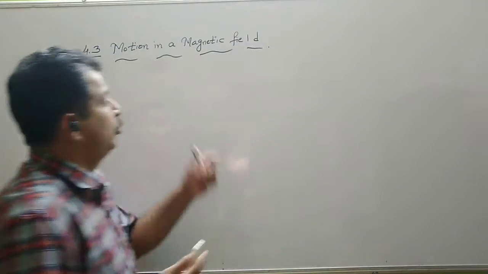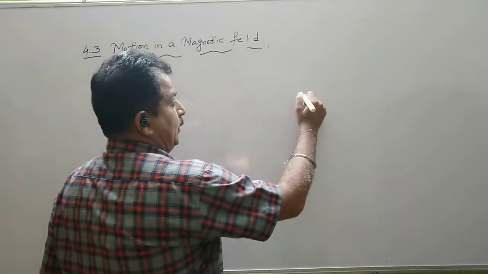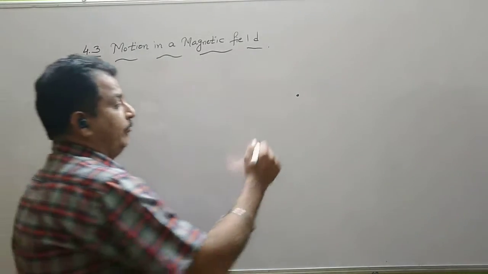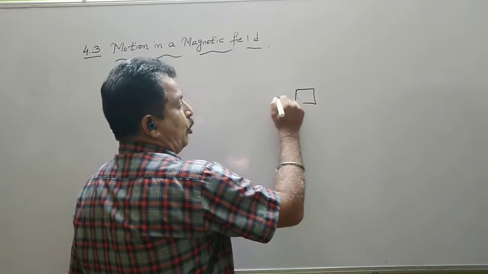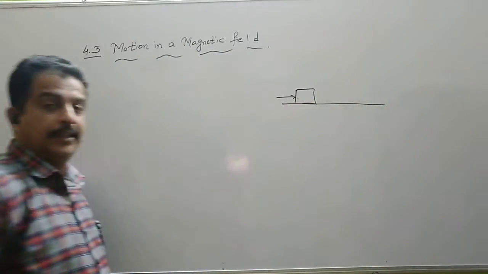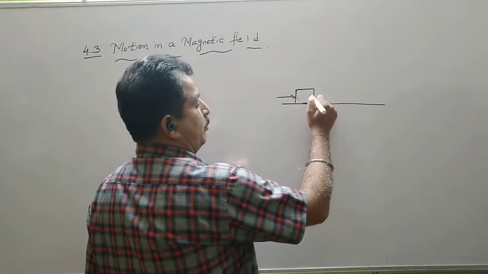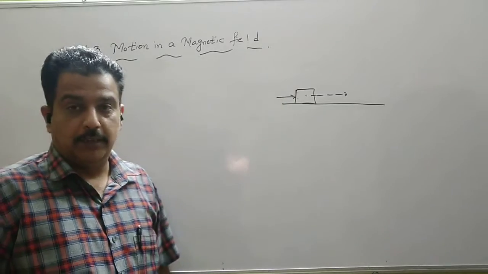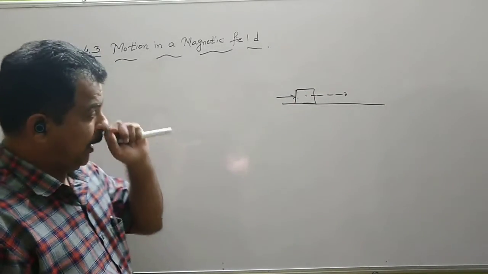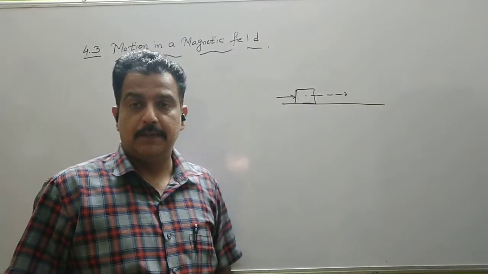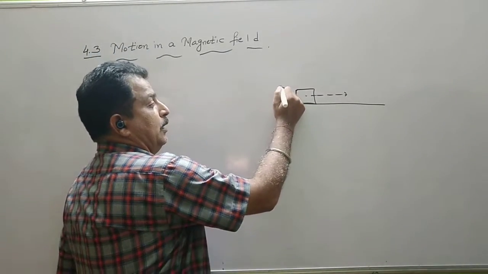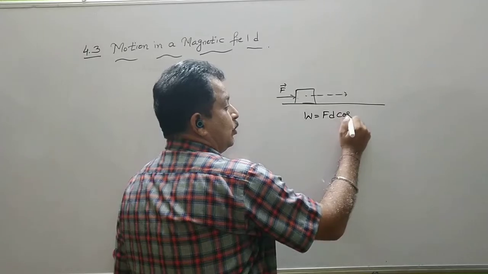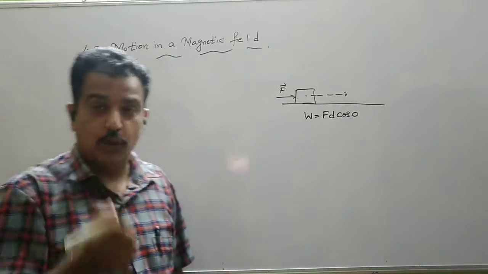Before moving to this topic, we know that in mechanics, in standard 11th, we have studied that if I apply a force on any particle or a body in the direction of its motion, suppose the body is moving along the x-axis, and I apply the force on it in the direction of its motion, the work done will be given by F d cos 0, that is, the formula for the work was F dot d.